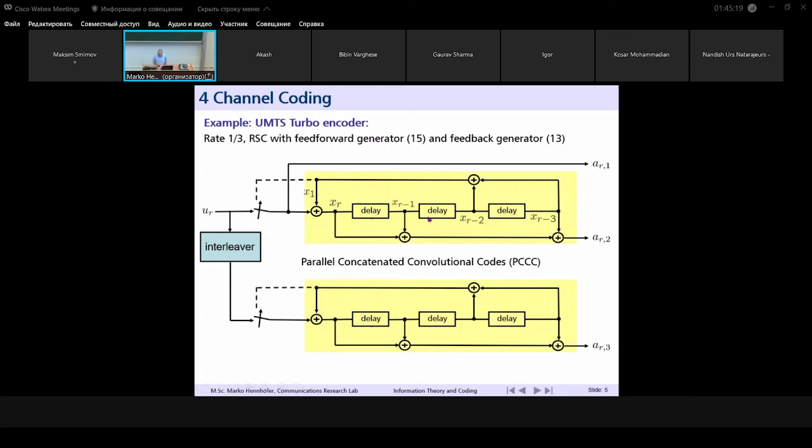They are slightly superior to serial concatenations. You could also concatenate block codes in any kind, serial or parallel, but you will get the best result by concatenating the best possible convolutional codes, which are these recursive structures, and from the parallel.